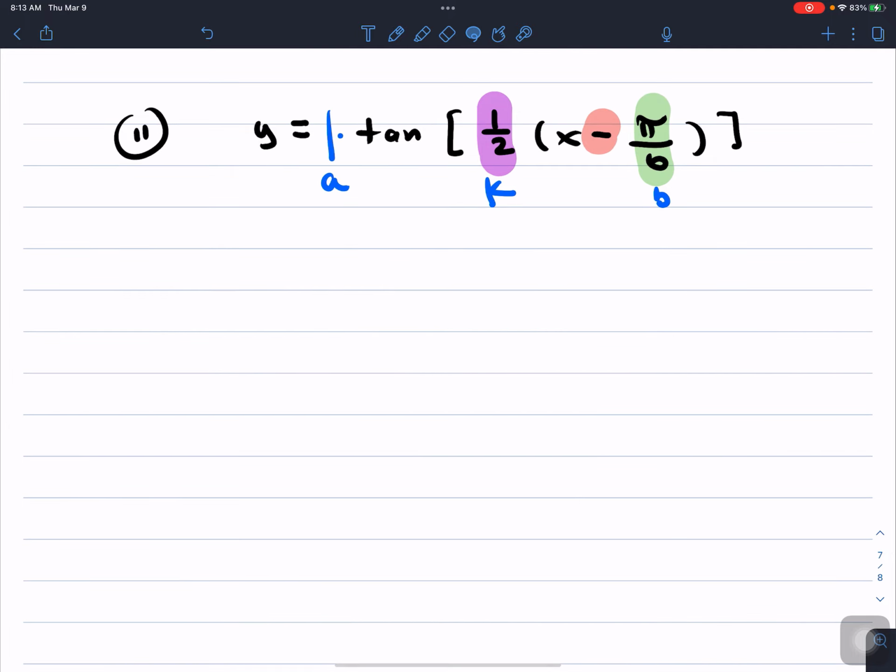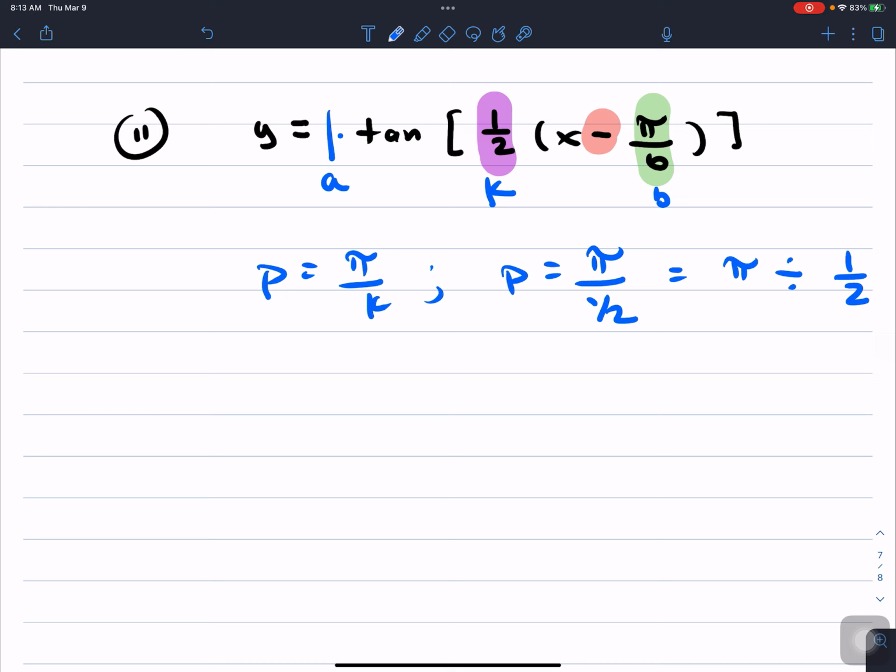Okay, what's your period again? Period is pi over k, and what that means is my period is going to be what? Pi over 1/2. Don't forget. Pi. This always helps me to write this as what? You guys know what helps? Write it horizontal.